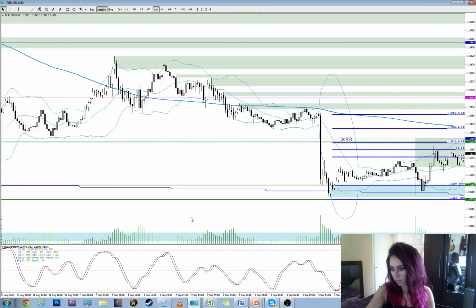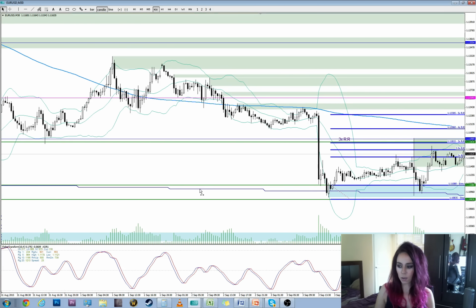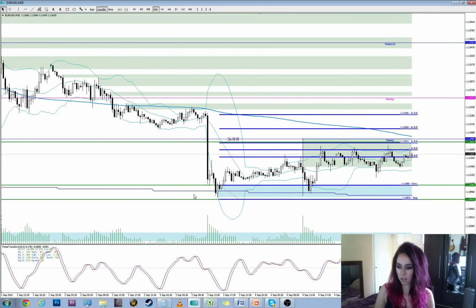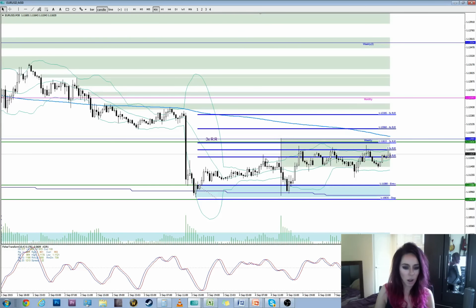So in this chart, to go back to our euro dollar here, it started to move upwards. I took my fib tool, I dragged it, I got my 3 times risk reward points, 4 times, 5 times.